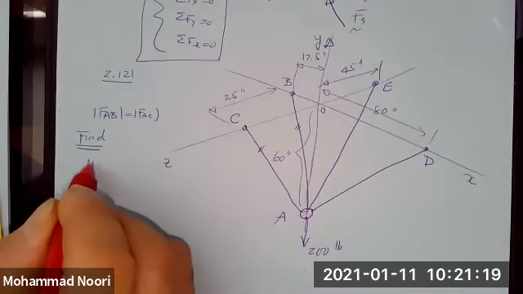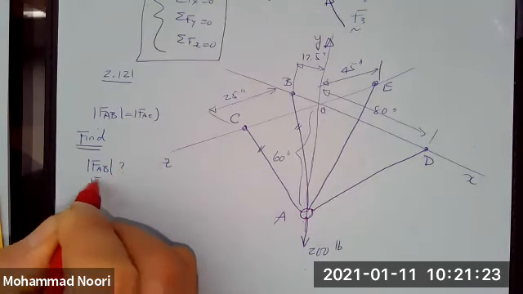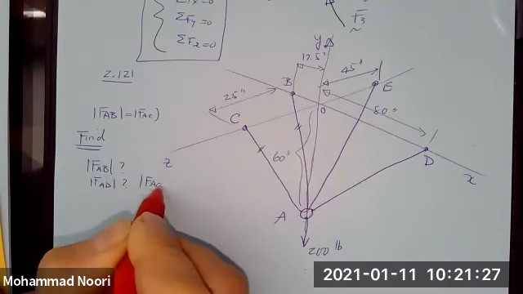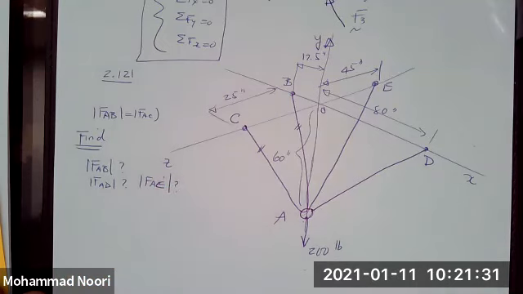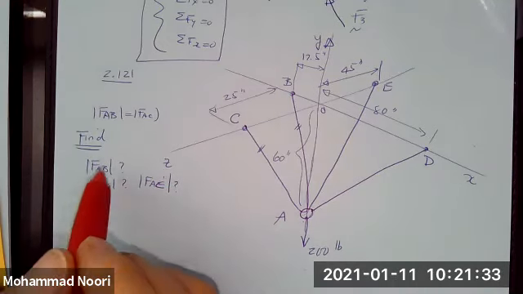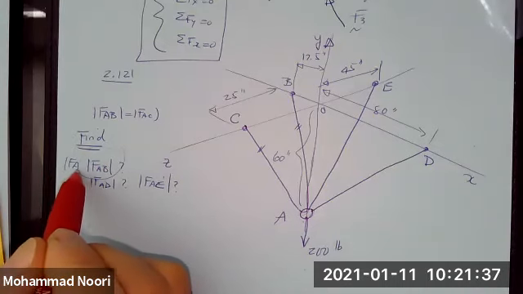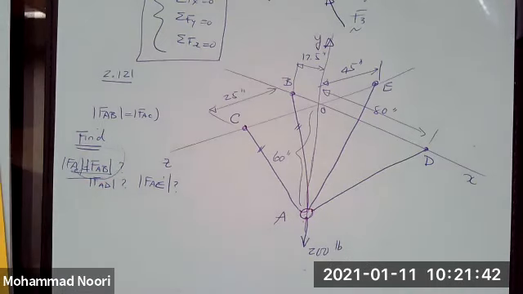In other words, we want to find the magnitude of the force in all of these cables, okay? That's what we want to find. Of course, force of AB and AC are the same. Any questions?